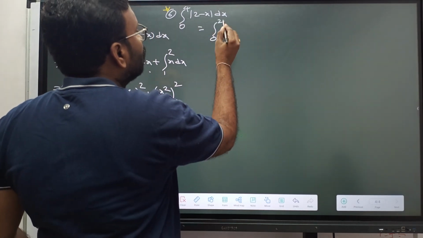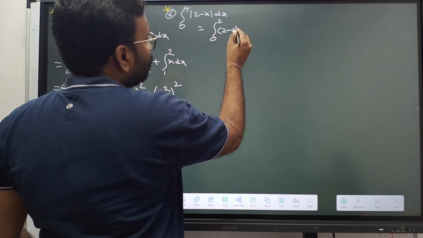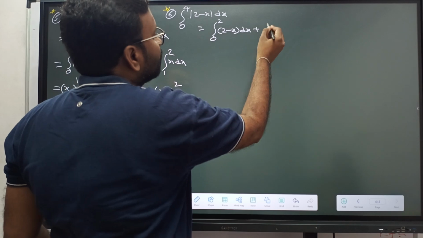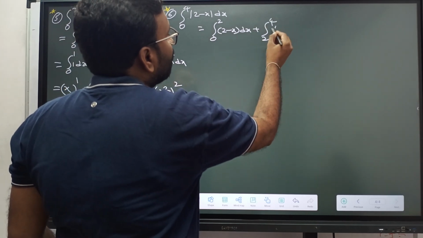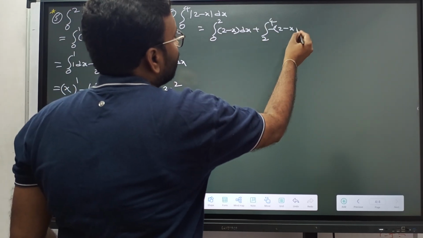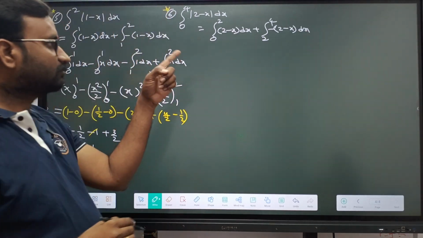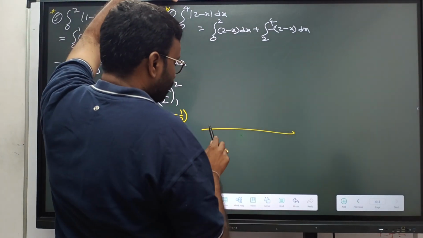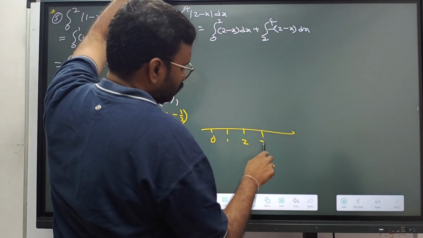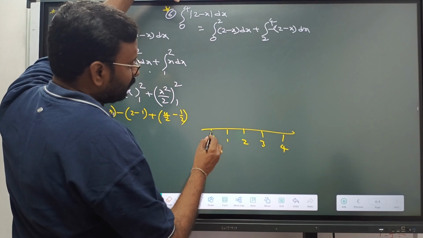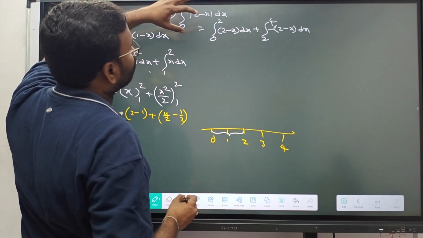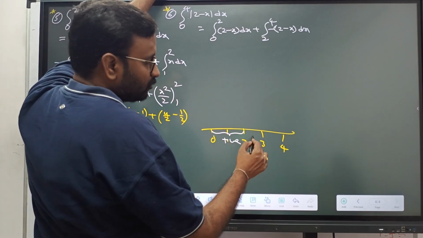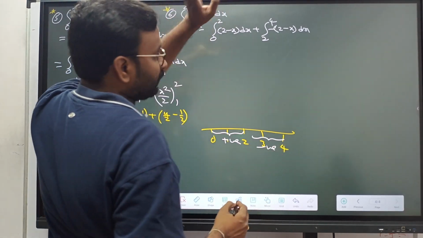The same process can be written as integral 0 to 2 of (2 minus x), which is positive, and this is negative from 2 to 4, so minus of (2 minus x). Any doubt? Since we have 4, on the number line 0 1 2 3 4, from 0 to 2 it is positive and 2 to 4 negative, that's why I took that.